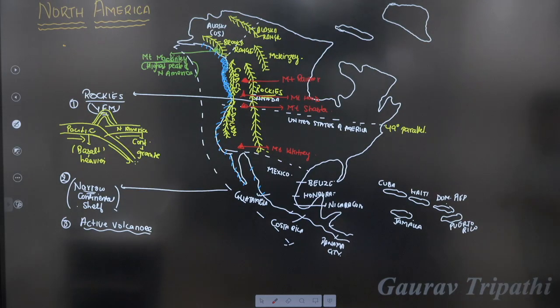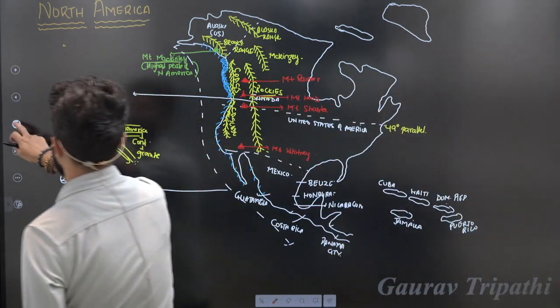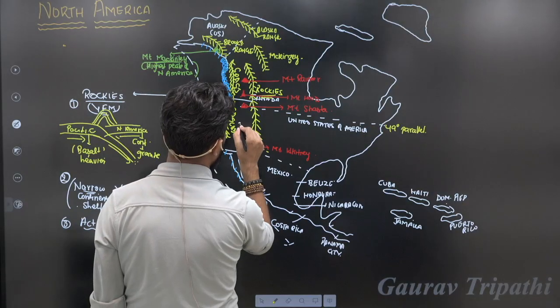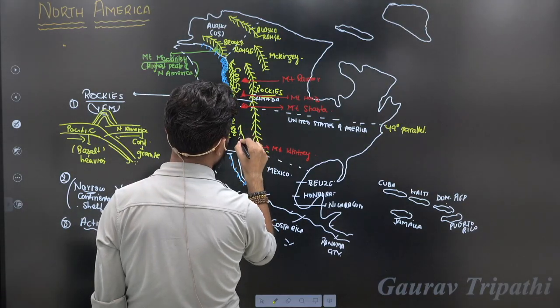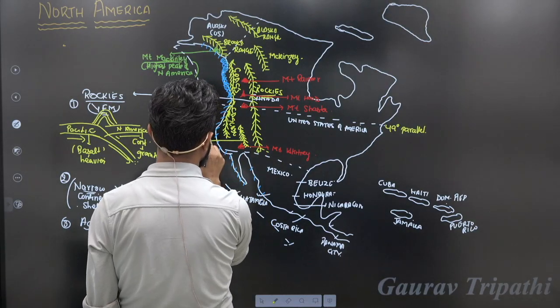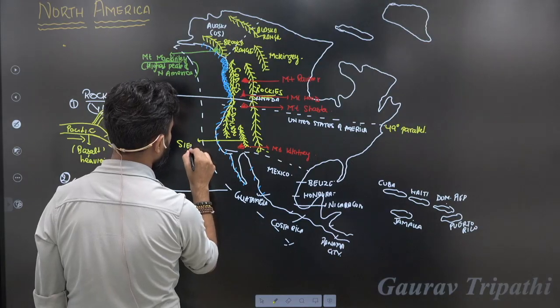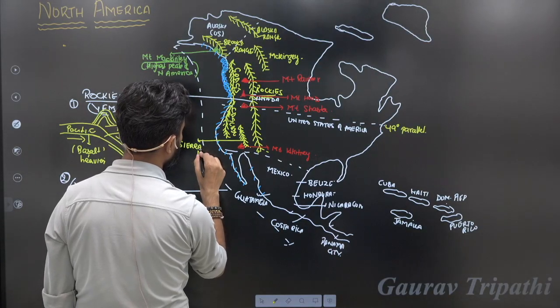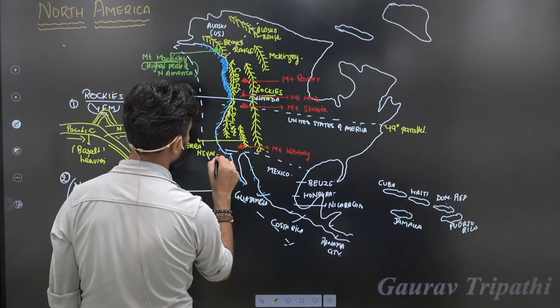Here we have another important mountain range which is named Sierra Nevada. At this portion we have another important range. This range is named Sierra Nevada. Very important for the prelims examination also.